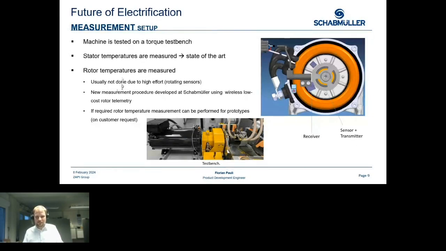But with our procedure developed by Schabmüller, we use a wireless low cost rotor telemetry. And if customers require thermal data about the rotor, we can perform these for prototypes on our test bench.